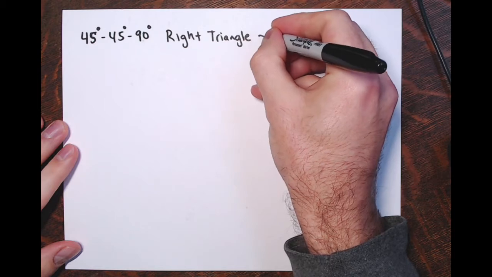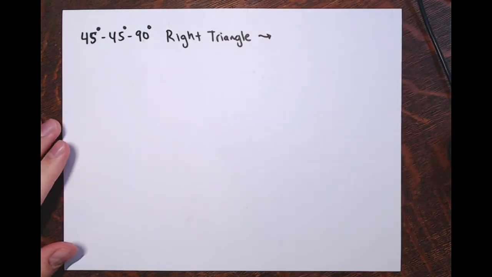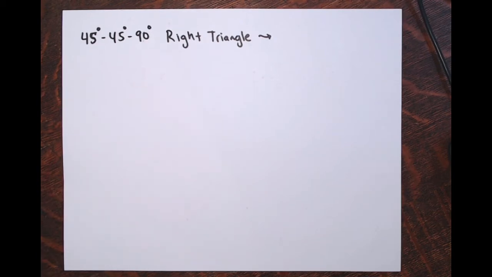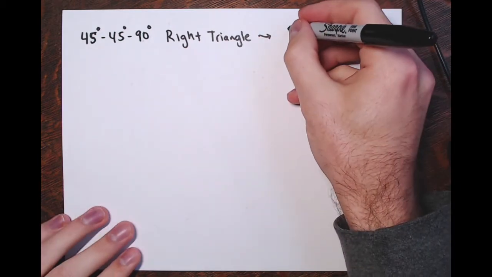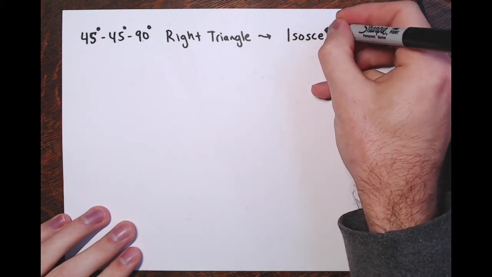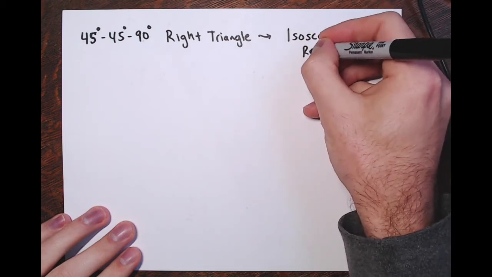And the way I'm going to think about this, and again, these are just the angle measures of the 3 angles of the triangle, a 45, 45, 90 right triangle is an isosceles right triangle.